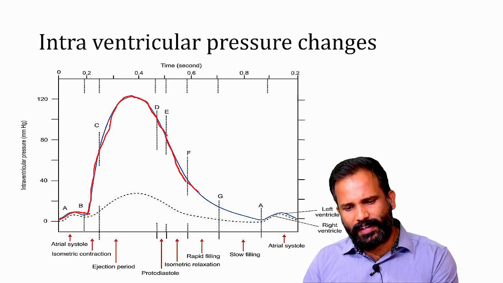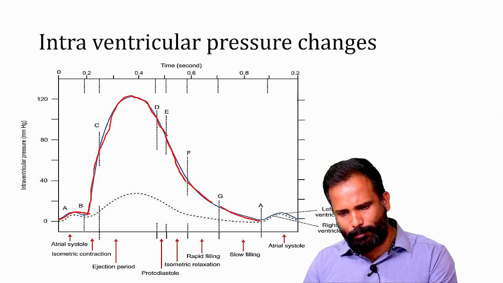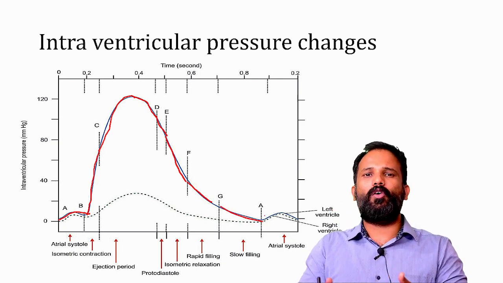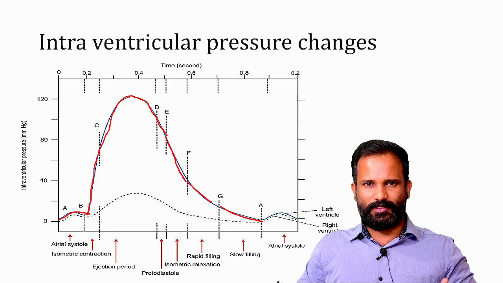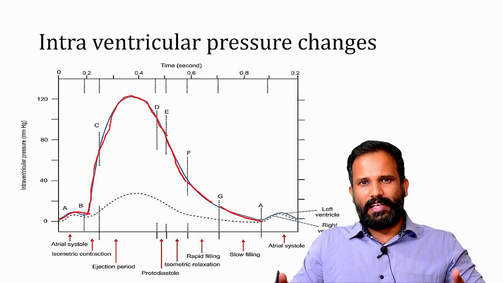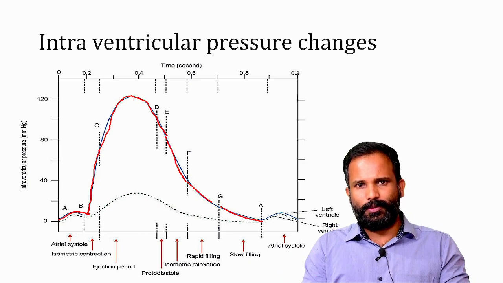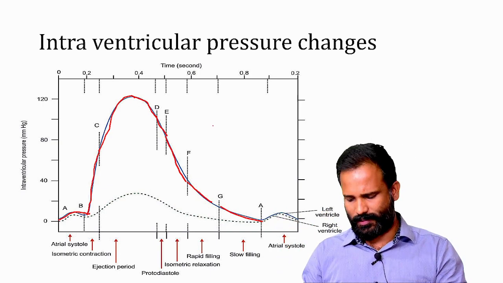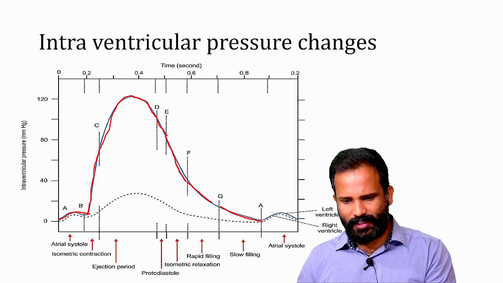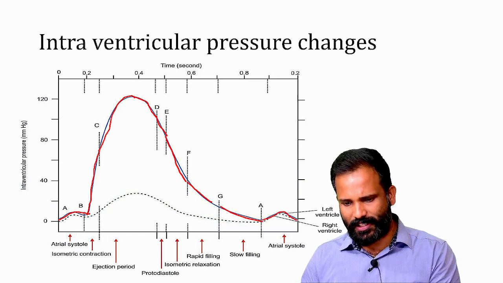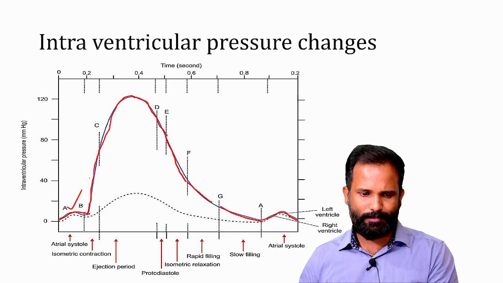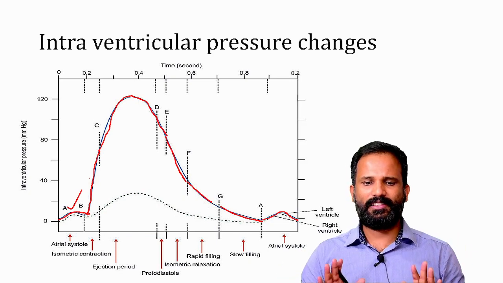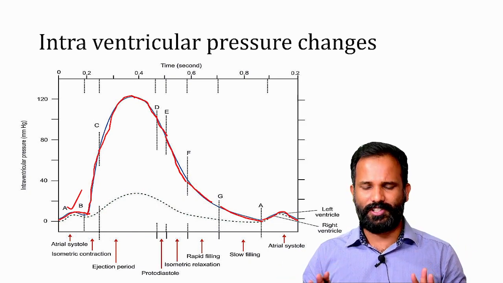Even though the ventricle is filling, the pressure is falling because the ventricle is accommodating that volume. This accommodation of the newly added volume causes no big change in the pressure. And then the last rapid filling, which is nothing but atrial systole, again the same segment, so rise in pressure. These are the intraventricular pressure changes.